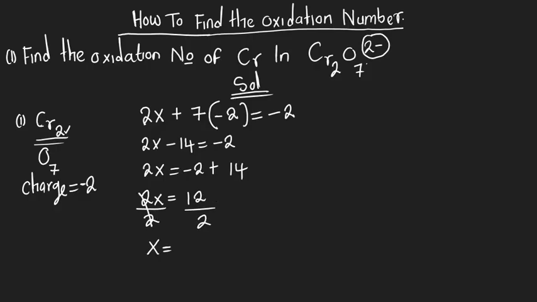So your x is going to equal plus 6. Okay, plus 6. So the oxidation number of chromium in this particular compound is plus 6.